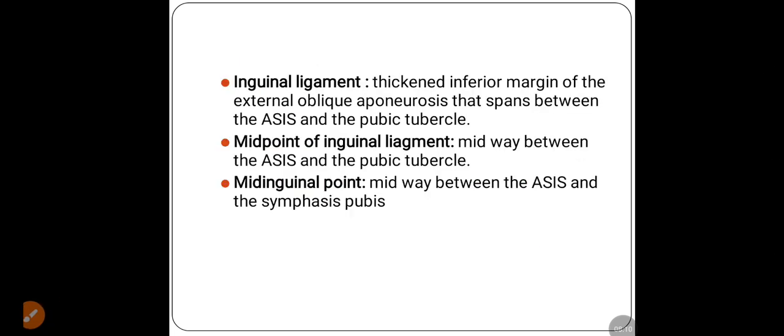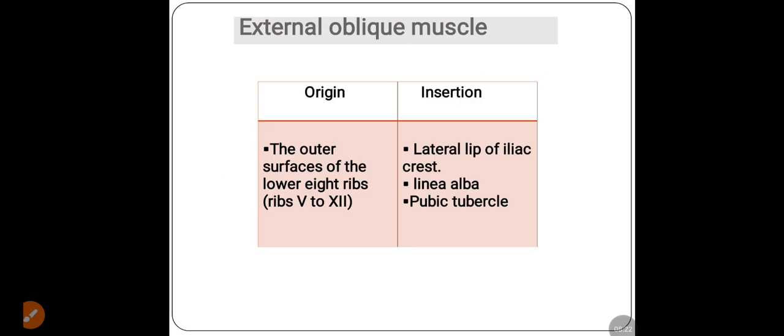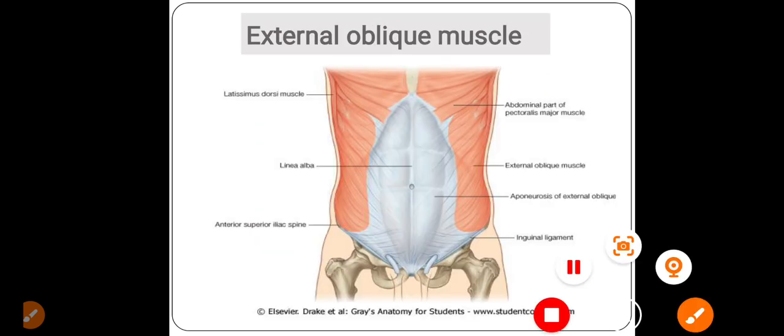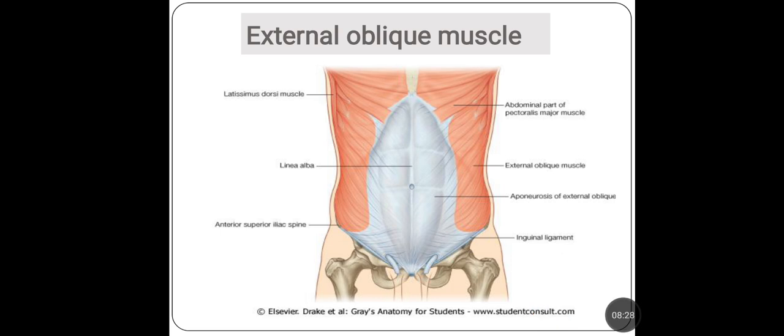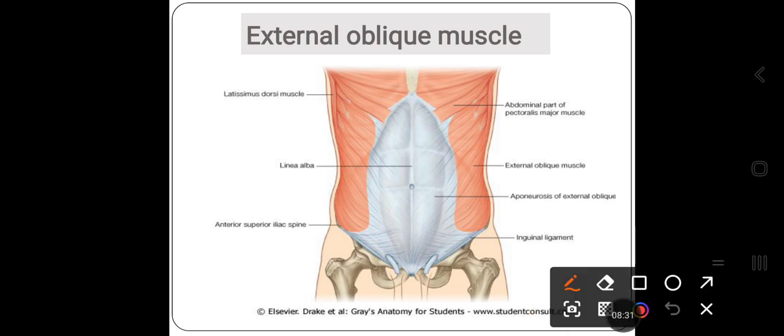The external oblique has a lower margin known as the inguinal ligament. The inguinal ligament is the lower free margin of the external oblique muscle.